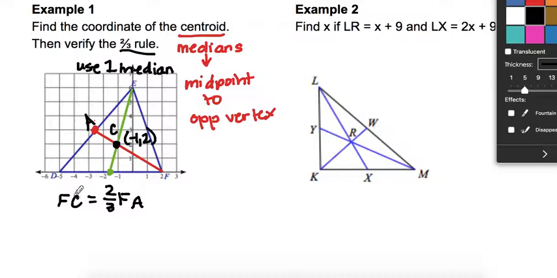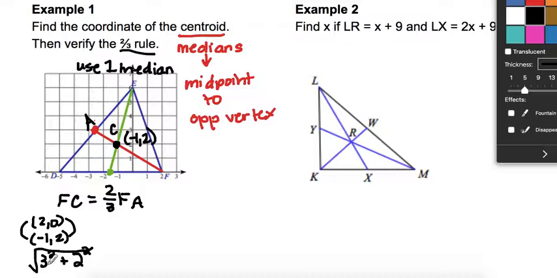So to find these, I need to use the distance formula to find the distance between F and C. The coordinate of F is 2, 0. And the coordinate of C is -1, 2. So I'm going to find these lengths, or distances, between 2 and -1, that is 3 units. Between 0 and 2, that is 2 units.